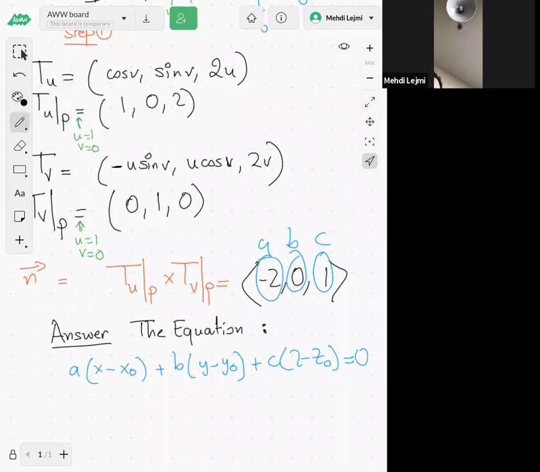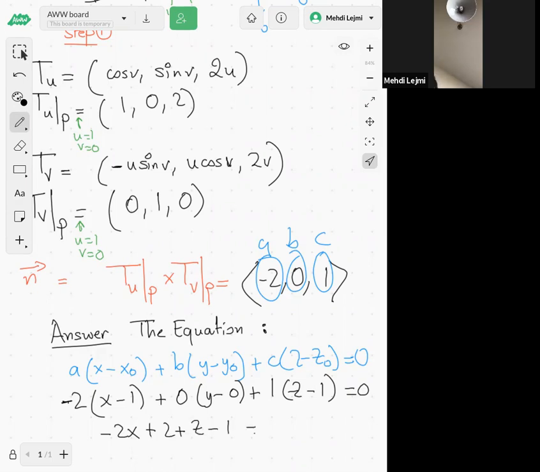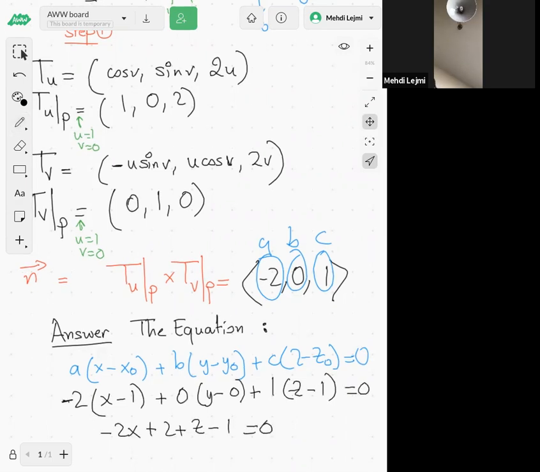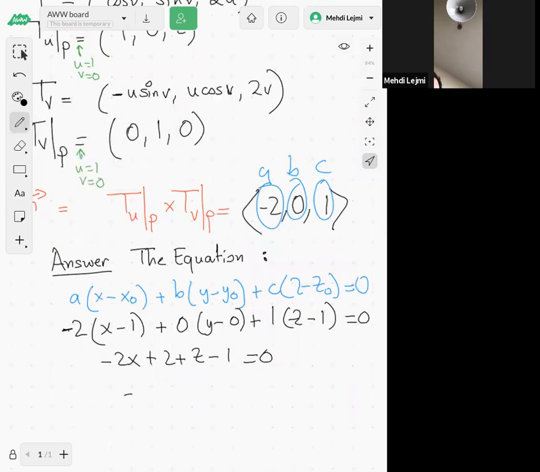A is minus 2, x0 is 1, plus B is just 0 times y minus 0, plus C, which is 1, times z minus z0, which is 1. That's minus 2x plus 2 plus z minus 1 equals 0. So the answer would be minus 2x plus z equals minus 1, since 2 minus 1 is positive 1 and the other side would be negative 1. So here's the answer.